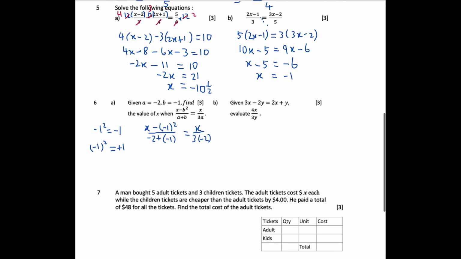Negative 1 square is positive, so that gives us times negative 1. Minus 2 plus minus is minus, so minus 2 minus 1 is minus 3. And this is minus 6. So now we have a single fraction on each side. We can cross multiply.